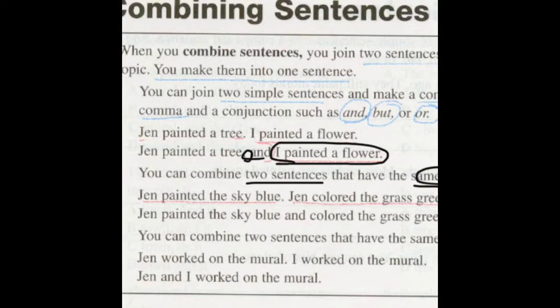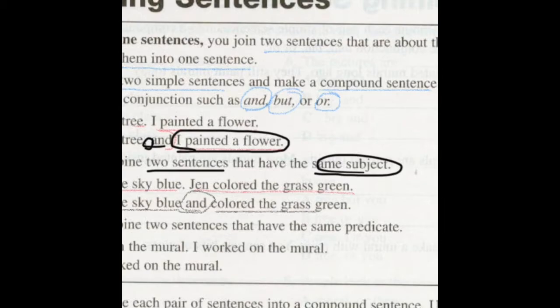So instead of saying something like Jen painted the sky blue and Jen colored the grass green, we can get rid of the second Jen because it doesn't change. So we get Jen painted the sky blue and colored the grass green.